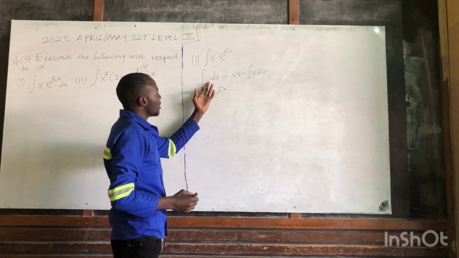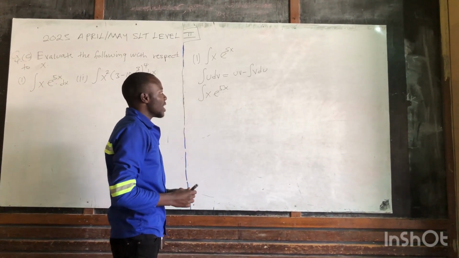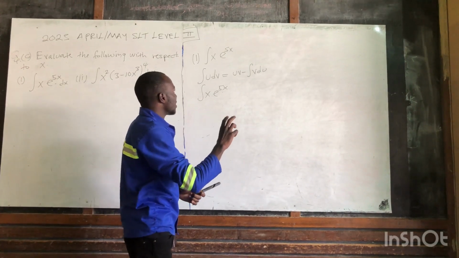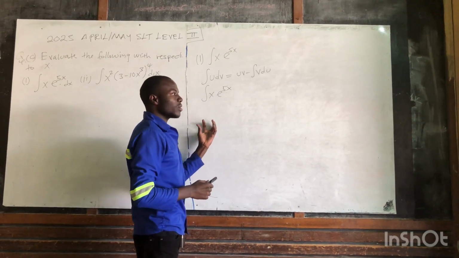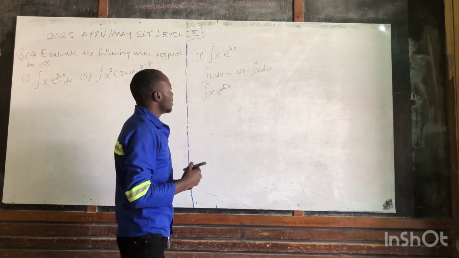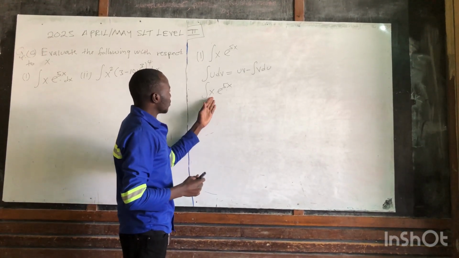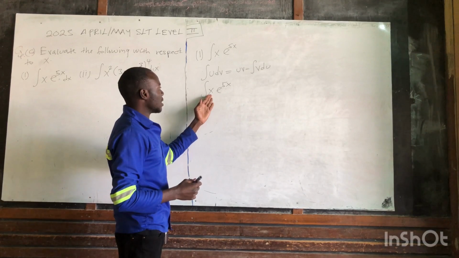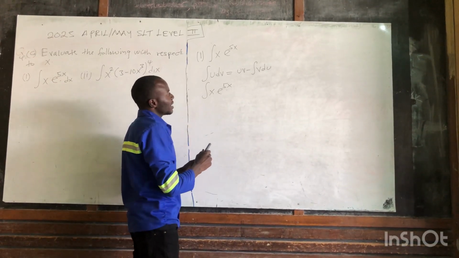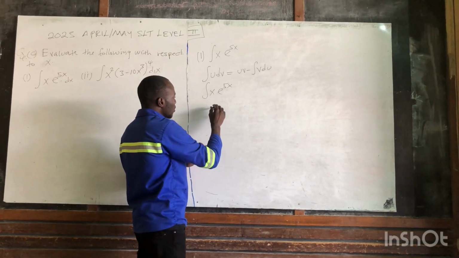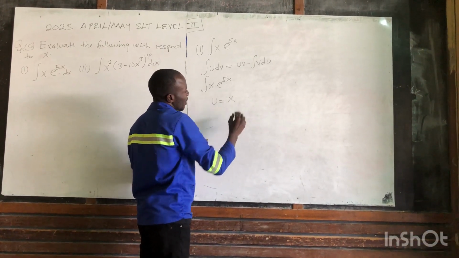The u part is always the part which gives you a 0 after successive differentiation. When you differentiate x, at some point you get a 0. So u here is equal to x.